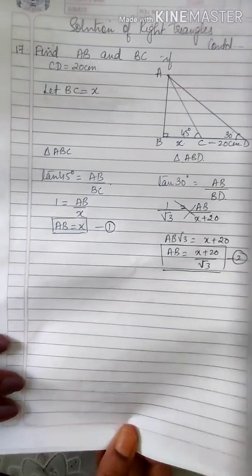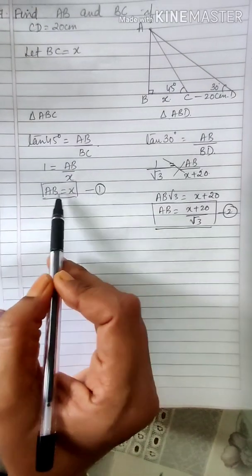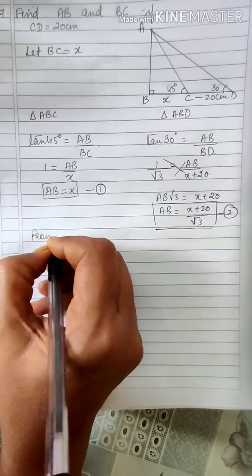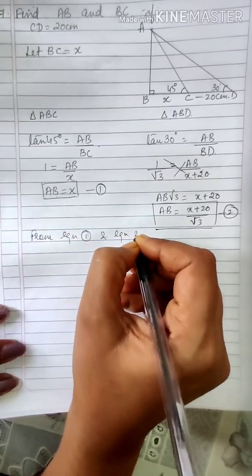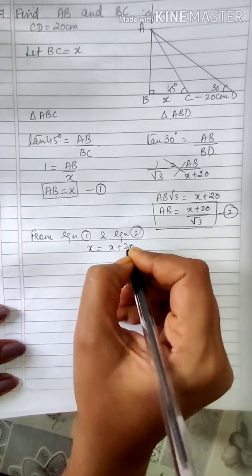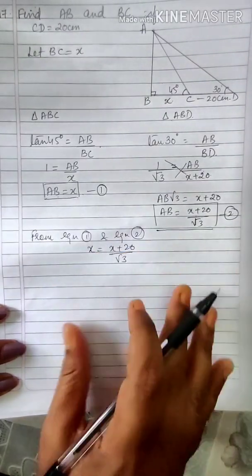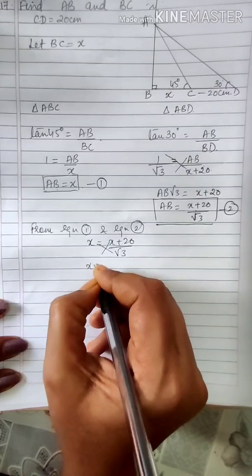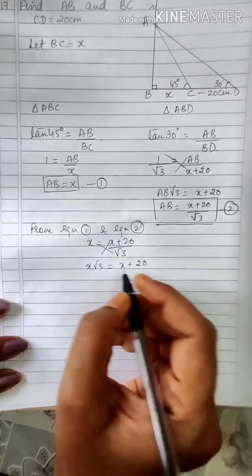Taking the values from the first and the second equation, both are equal to AB. So from equation 1 and equation 2, you get X is equal to X plus 20 upon root 3, because both are equal to AB. Now doing the cross multiplication, you get X root 3 is equal to X plus 20.